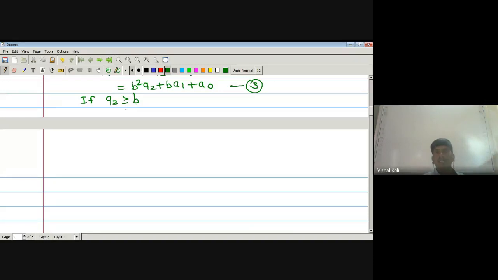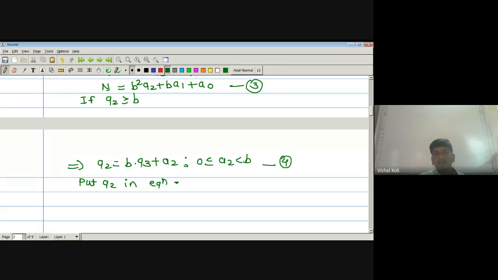Then again we apply the division algorithm, which implies q2 is nothing but b into some quotient q3 plus remainder a2 such that 0 is less than or equal to a2, which is less than b. Now we put the value of q2 in equation 3.